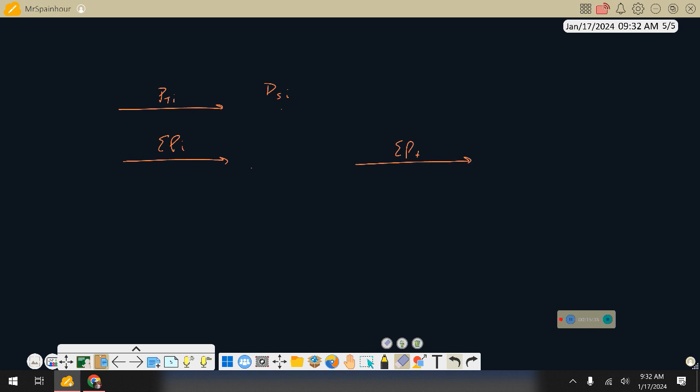But at the end, you expect Spainhour, or the teacher, to be bouncing back this way. Yes? So what do you expect about the momentum of the sumo wrestler? They have to add to this to make this be the same at the end.